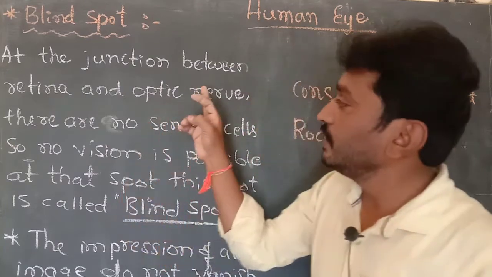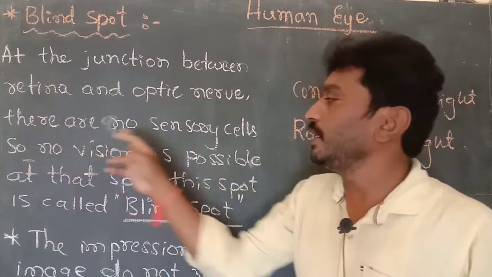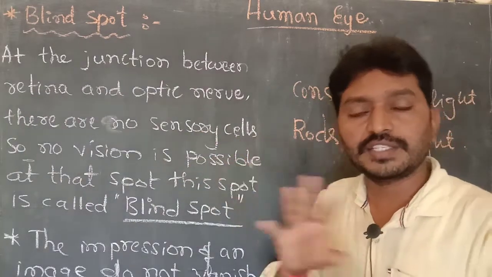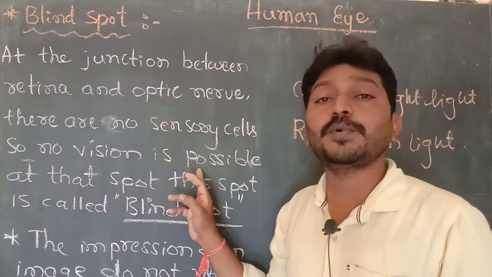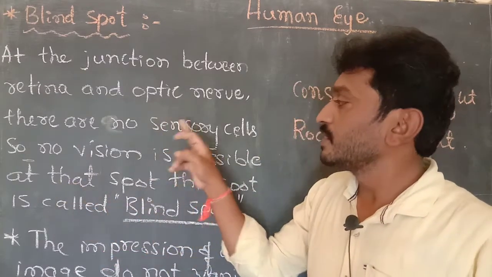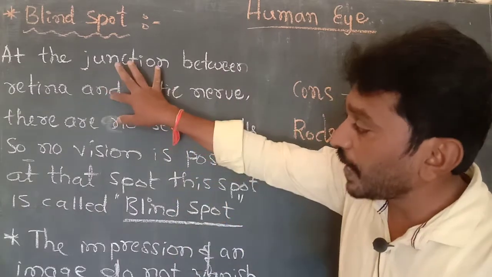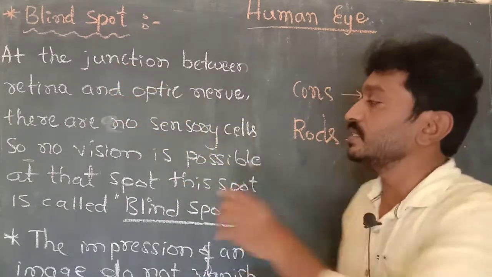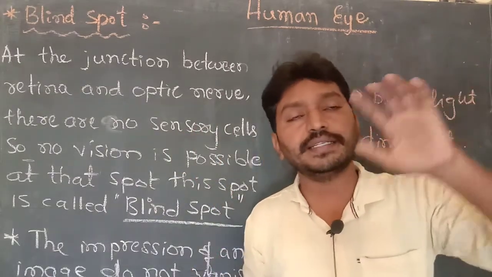But in that position there are no sensory cells. There are no sensory cells. So no vision is possible in that spot. If there are sensory cells, vision is possible, but in that passage there are no sensory cells, so no vision is possible in that spot.